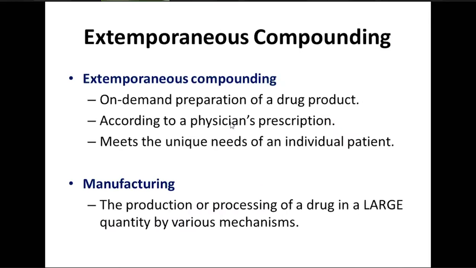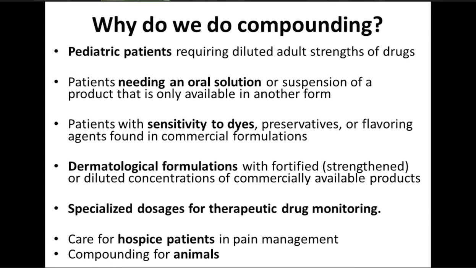Okay, so why do we need to do compounding? I think I've explained most of these things. Some children, or I may say, we all differ. A child and an adult cannot take the same strength of a drug. The drug may be available in an adult form, but we need it in a child's form. And that is why even you guys had to calculate certain dosage forms.